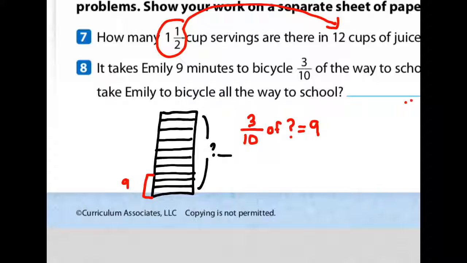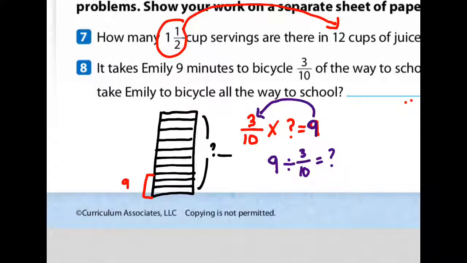We also know that of means times. So when we have a multiplication problem with a missing factor like that, we can just use division to solve it. So I can start with the 9, and I can divide it by 3/10 to get my answer, my question mark. So that's what I'm going to do. That's the division problem I'm going to do.